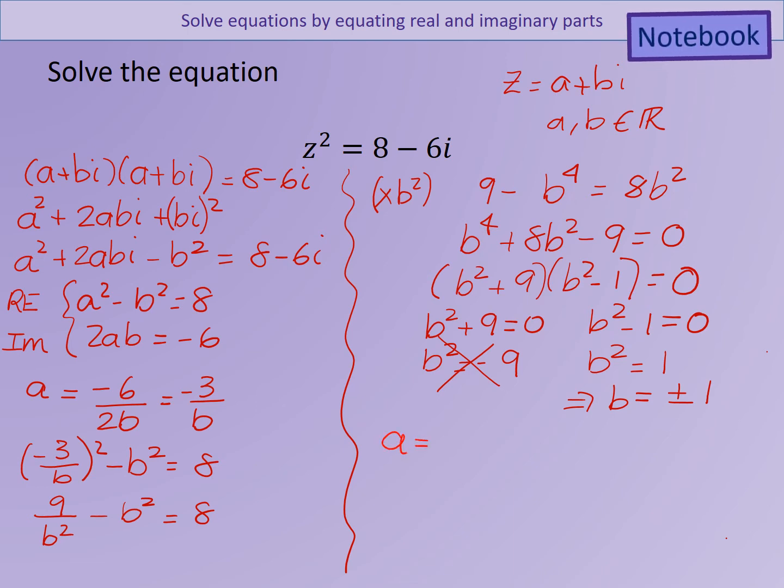So a is equal to minus 3 over 1, the positive, and a is equal to minus 3 over minus 1. Simplifying, a will be equal to minus 3 when b is equal to 1, and a will be equal to 3 when b is equal to minus 1.